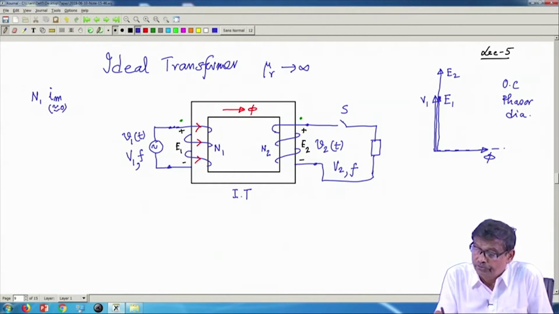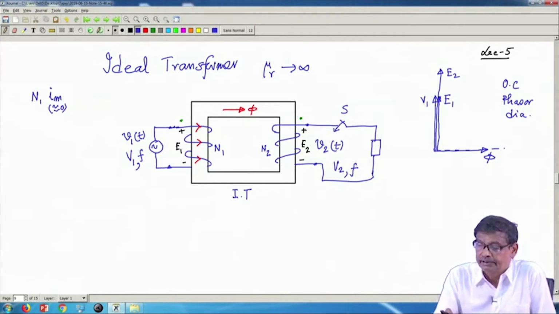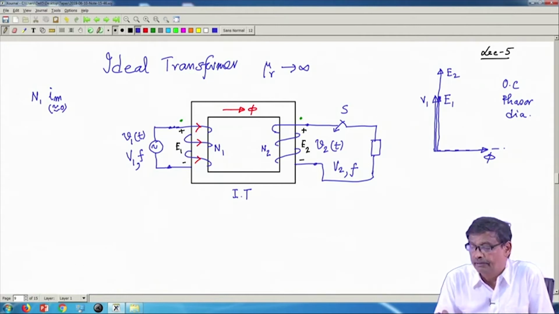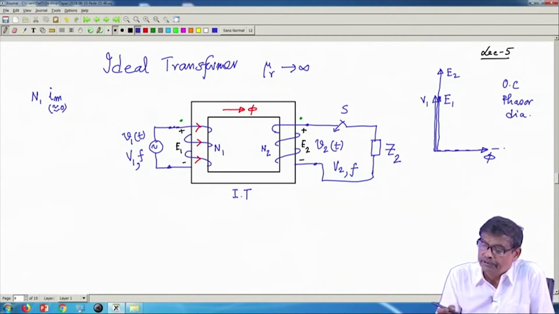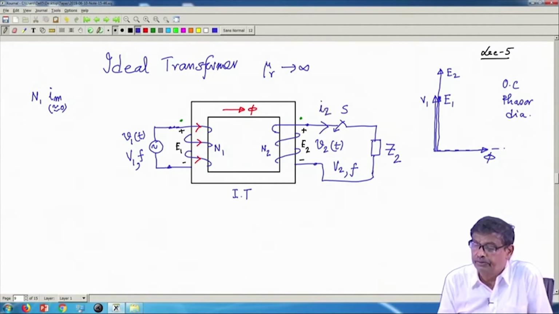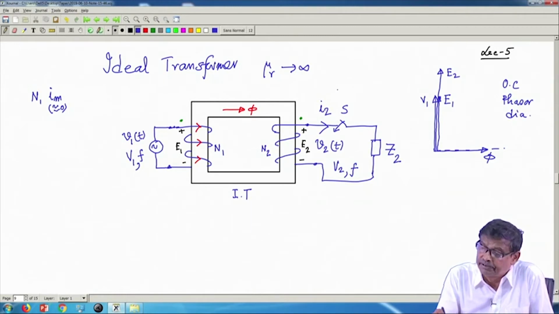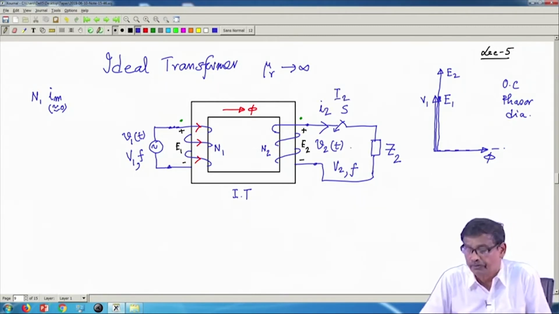Then when you close this switch, there is an EMF available, and there is an impedance here Z 2. Therefore, there will be current in the circuit. Instantaneous current is i 2, or phasor representation is capital I 2. This current will be delivered to the load.